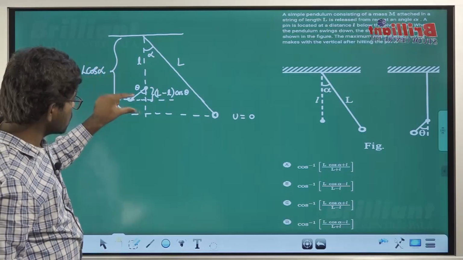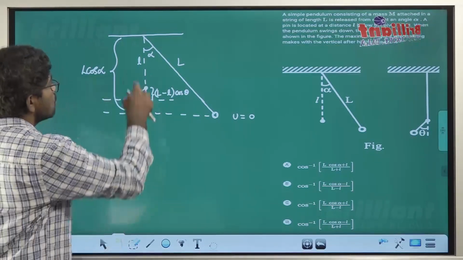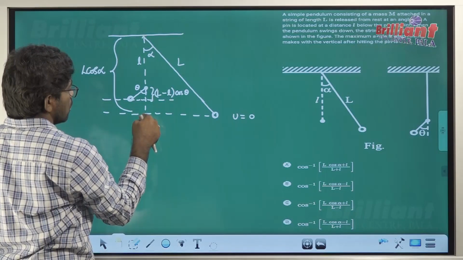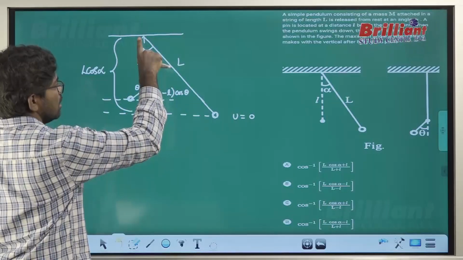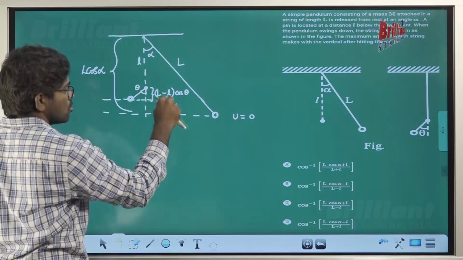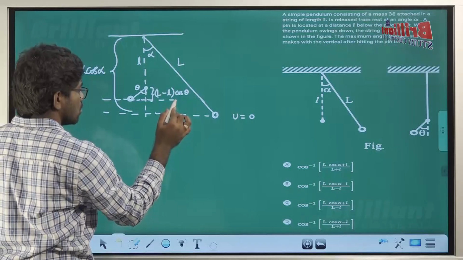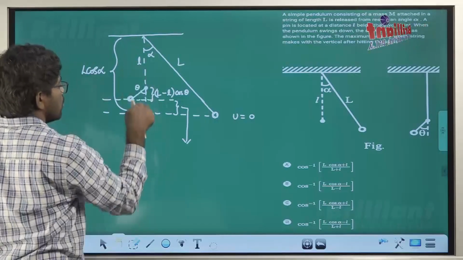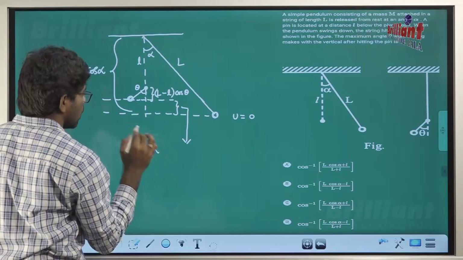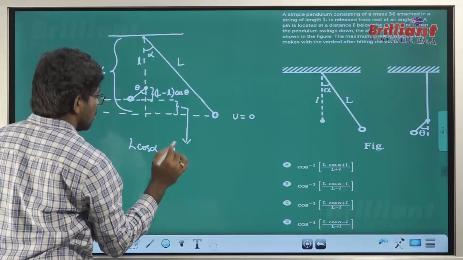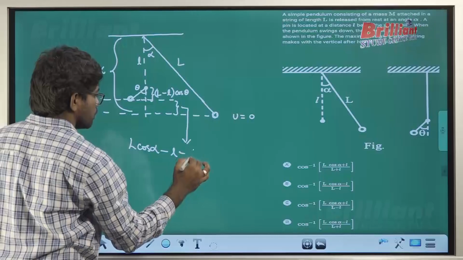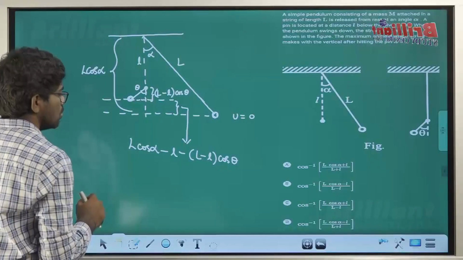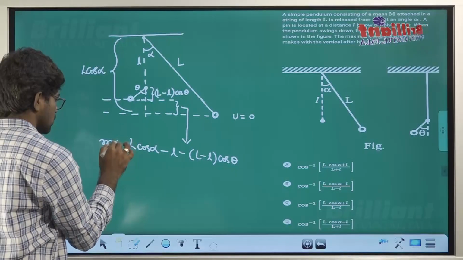Okay, so what is this length? From here to here will be L cos alpha. Then here it is L, and this will be this much. So what is this thing here? From here to here total L cos alpha, then subtract L, subtract this thing, then this is this height, mgh.